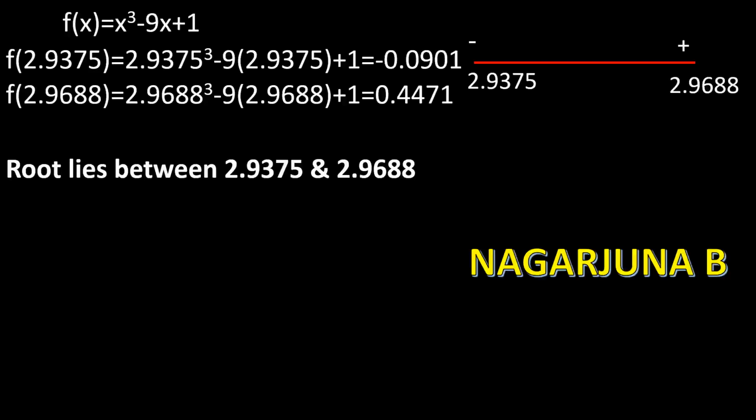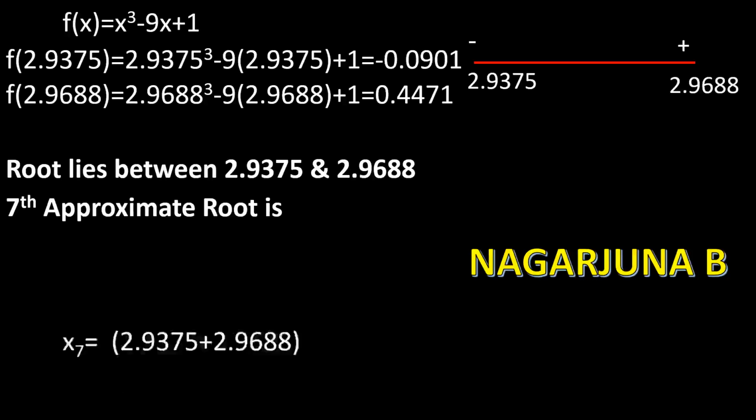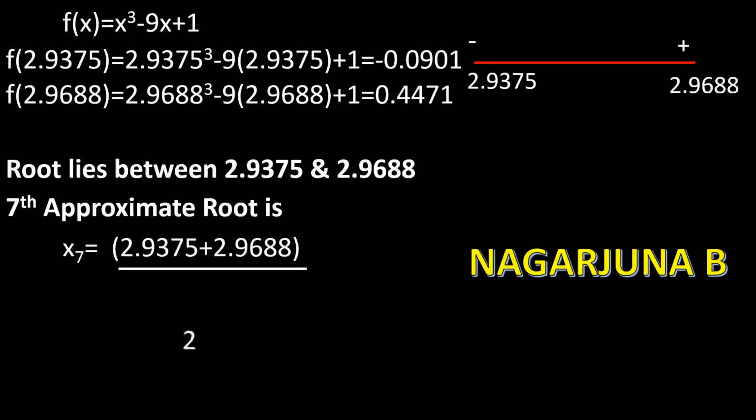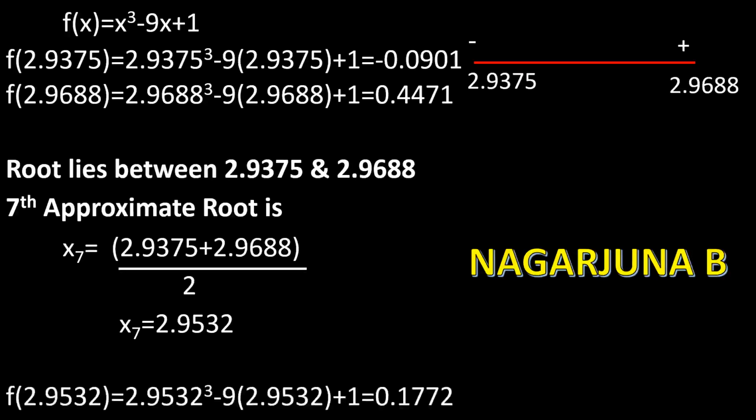Now the seventh approximate root uses the same formula, x is equal to (a plus b) by 2, that is 2.9375 plus 2.9688 divided by 2, and it is equal to 2.9538. Now we need to find f of 2.9352.